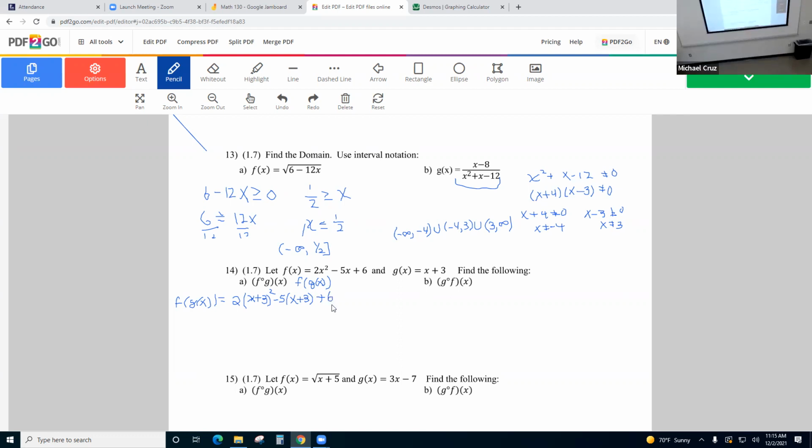Okay, so see what I did? F of g of x. All right, so every place that was an x now has an x plus 3. So we're going to just have to go through and do the math.